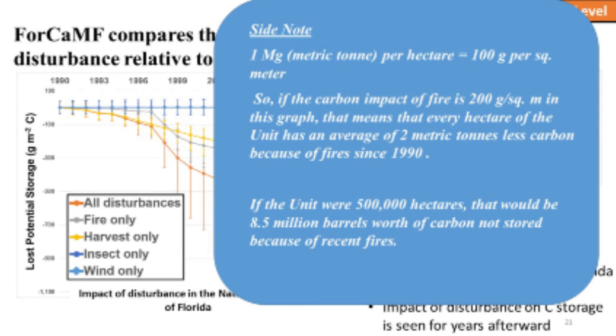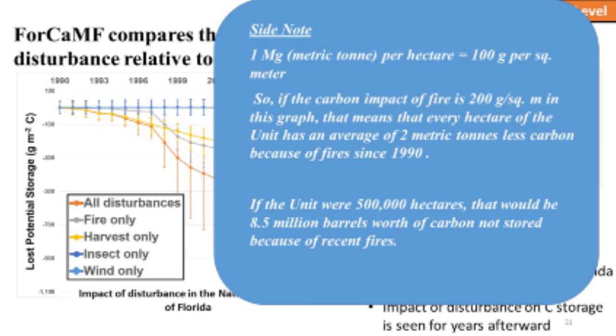Okay, so here again we have a side note that will help you connect the results that you see in the reports to frames of reference that people will understand. So the y-axis in the FORCAMP graphs in the second report is grams per square meter, which is, I'll admit, not particularly intuitive.